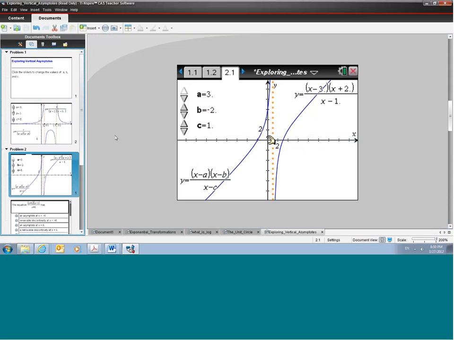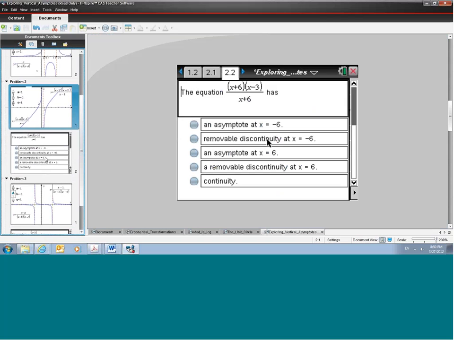And the document goes on with, what, 3 explorations of asymptotes. And then the interesting thing is the question page that you can put in documents. The equation has asymptotes where, discontinuities. This kind of question, these answers, we call it radio buttons because only one of them can be selected.